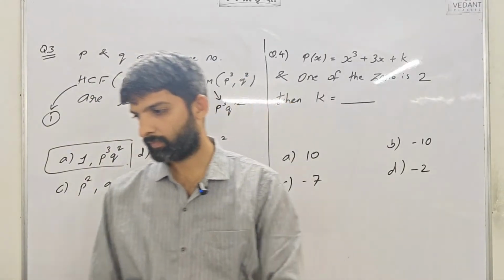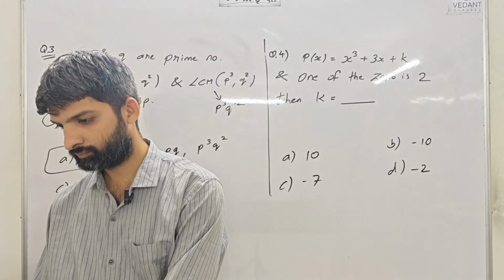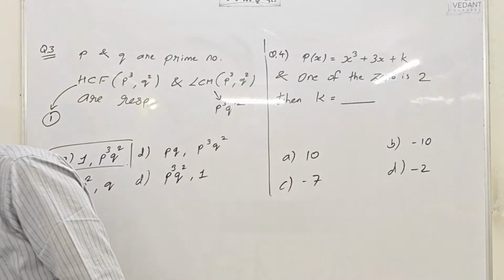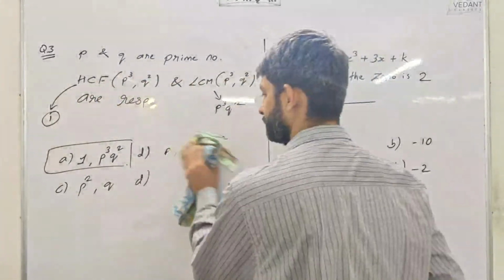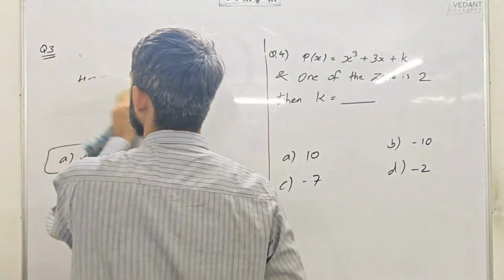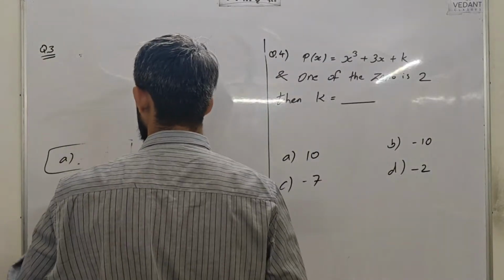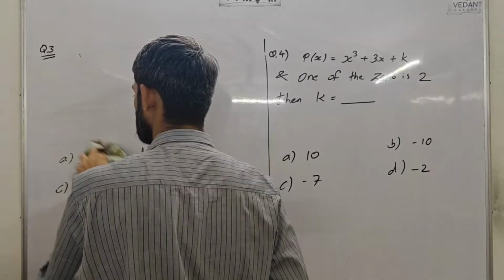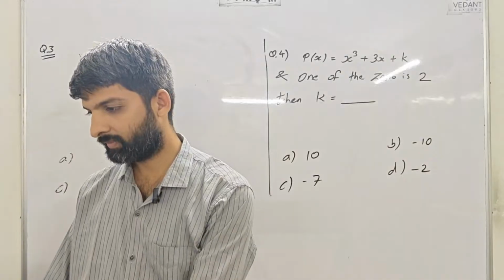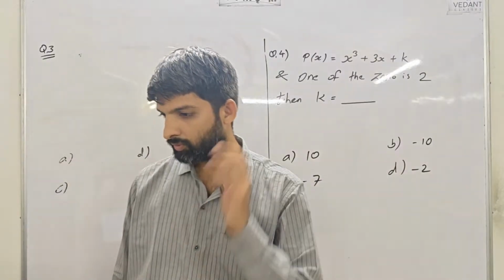So some are saying minus 7, minus 10, 10. Options are wrong.